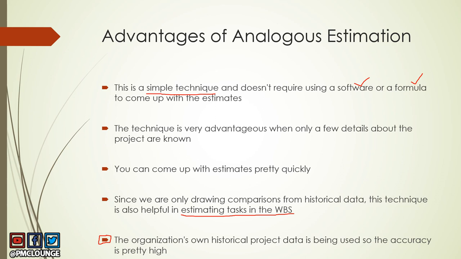You are drawing comparisons on how long your own company took in the past to deliver an app. And that is why your estimates will actually have pretty high accuracy, because these estimates are tailored to your organization, not the industry as a whole, or the general guidelines as a whole.